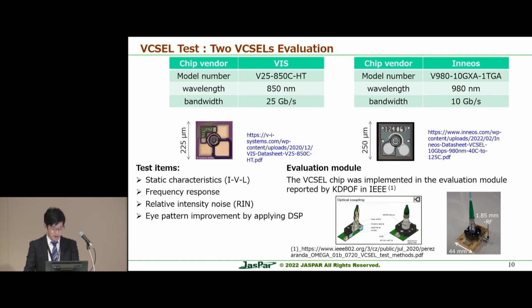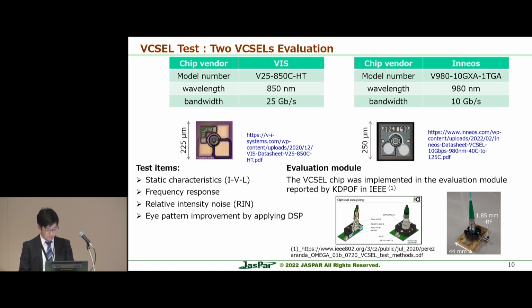VCSEL is a vertical cavity surface emitting laser. Recently, high-speed modulation devices with bitrate exceeding 10 gigabit per second have become available in automotive environments. The purpose of JASPAR was to confirm that 10 gigabit per second VCSELs meeting the IEEE standard were available from multiple vendors.